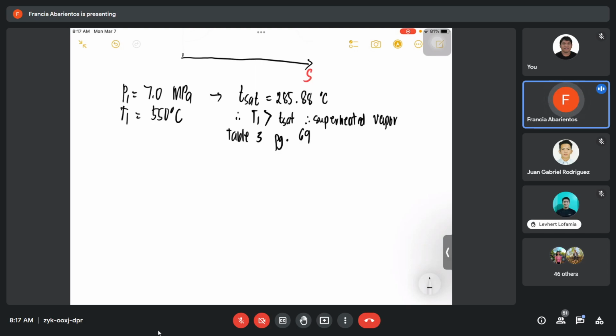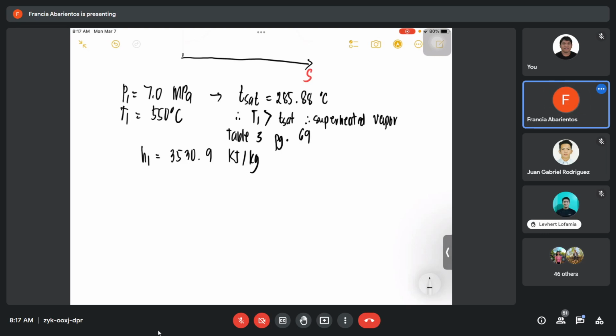Page 69. Ano yung property na kukunin natin na importante? What do you think? So, H1, what is H1? 3530.9. Ano pa? From process 1 to 2. In a Rankine cycle, ano class?